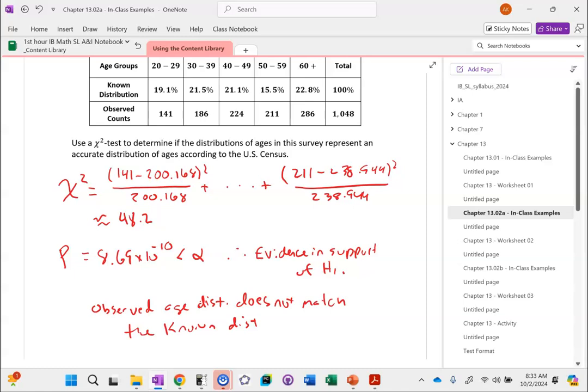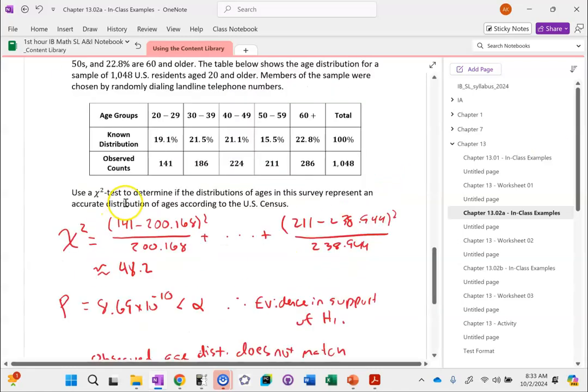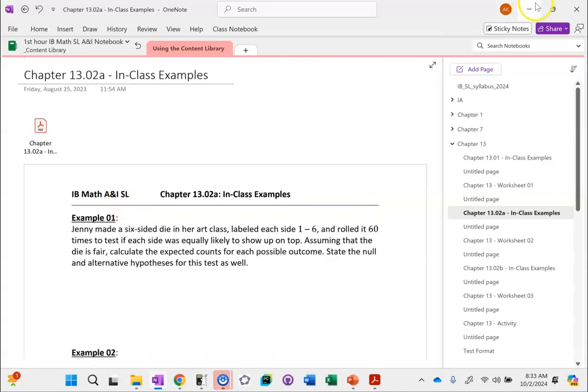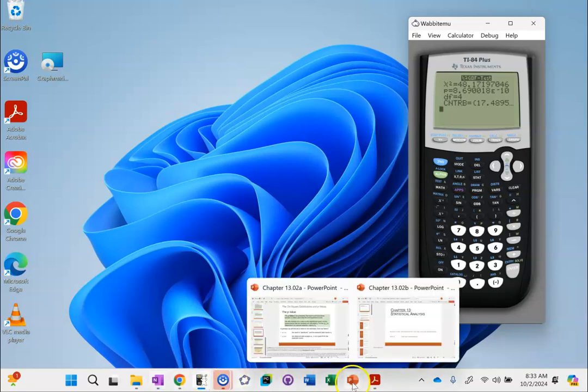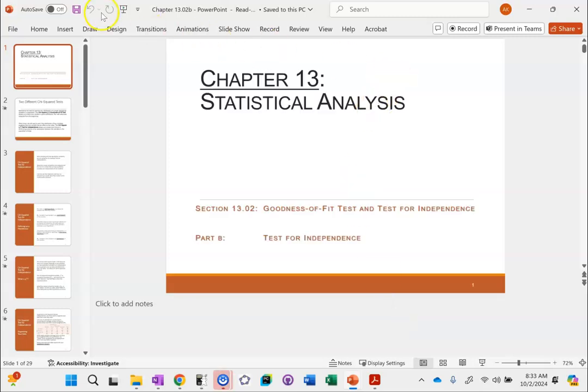So evidence we had in support of the alternative that the observed age distribution does not match the known distribution. What do you guys think? Not bad? Not bad. All right, let's look at the other version of the chi-squared test then.